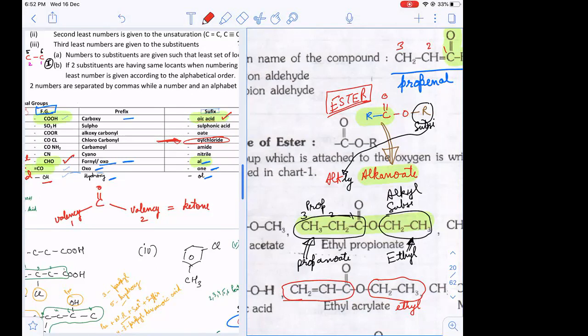Prop is the parent chain, but saturation is also there, isn't it? So ethyl prop-2-enoate. Please check: ethyl prop-2-enoate.